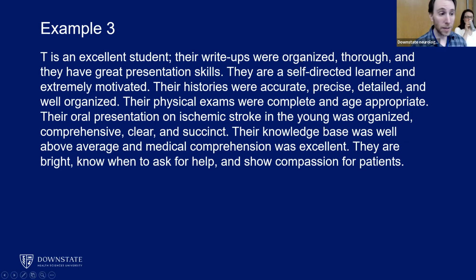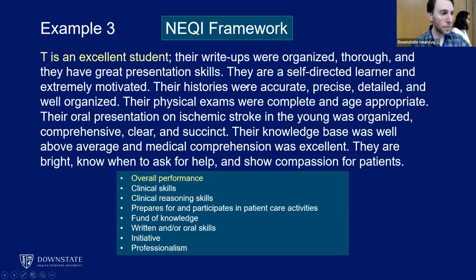All right, so when constructing this narrative, we use the narrative evaluation quality instrument. So we discuss T's overall performance in the beginning. We comment on their clinical skills, which can be seen in green. We note that their fund of knowledge was well above average, seen in pink. And we discuss their oral skills in orange, giving specifics about a presentation on ischemic stroke in the young.